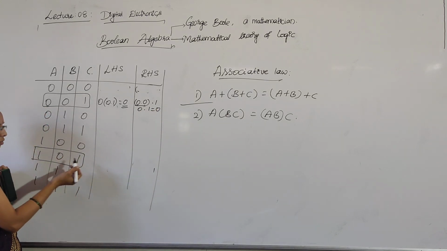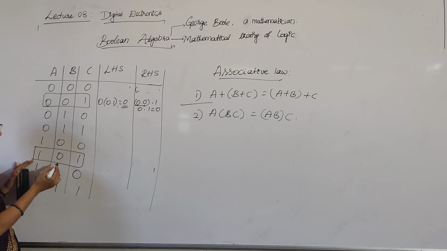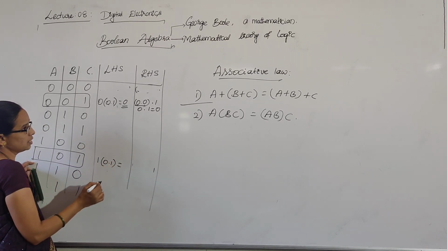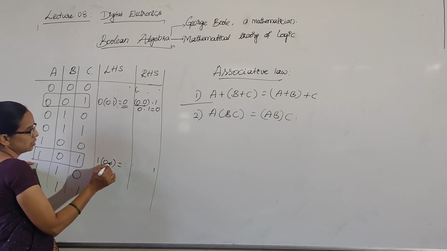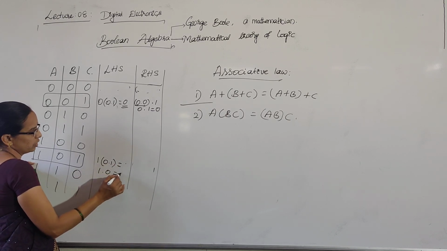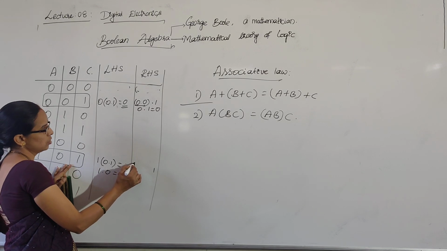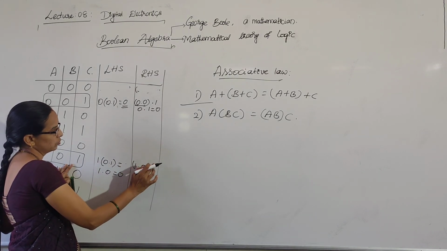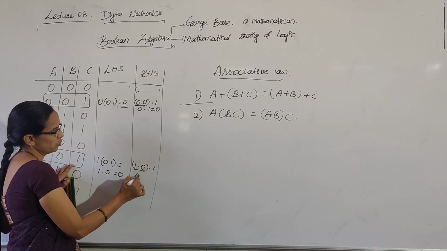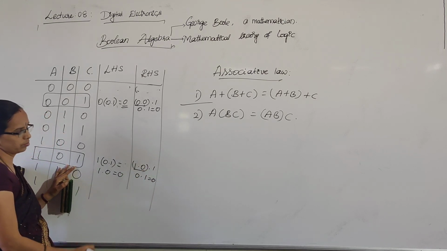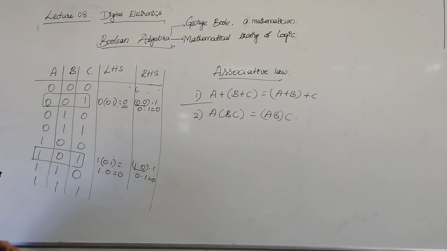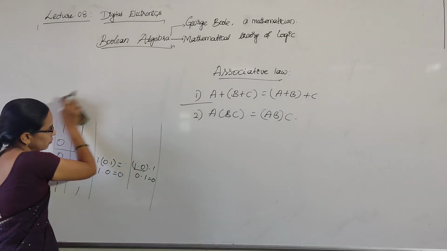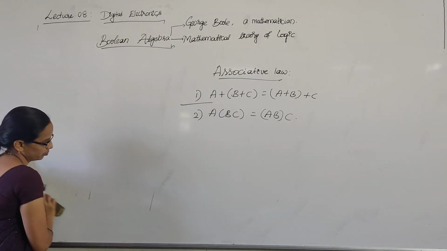In the same way, randomly I am taking this one, 1 and 0 and 1, 1 and 0 is 0, and 1, this is 0, 0 and 1 is 0. Okay. Any of the 8 different combinations you can take, associative law will be proved.